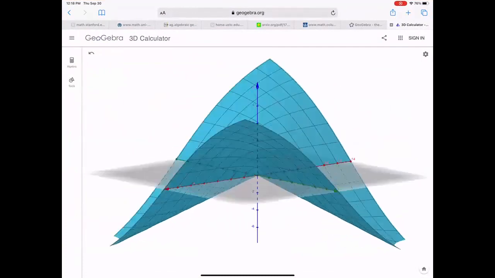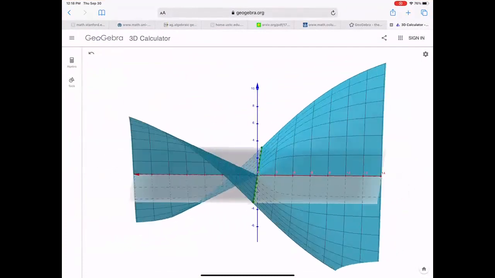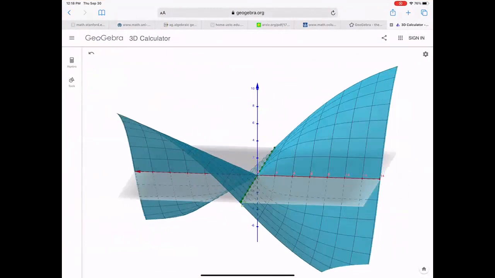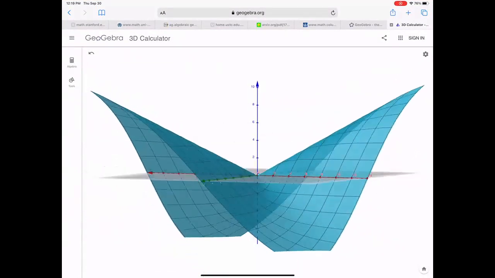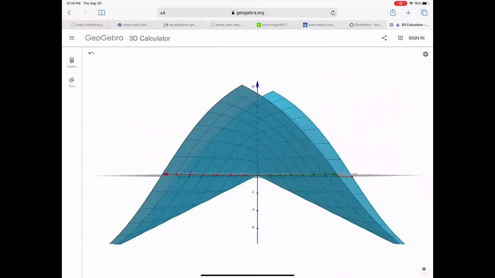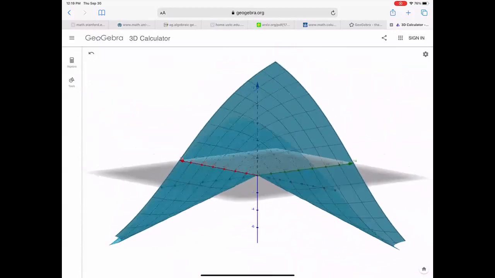Now, if you look at the red and the green lines, you'll see that it's constant along the x and the y axis, and it's 0, which means there is no change as you move along the x and the y axis. The first partials are 0 there, right? However, if you are not on the x and y axis and you just tilt it, it looks a lot more like an absolute value profile. Going from different directions, you'll get different tangents. You don't have a tangent plane to this function at the origin.